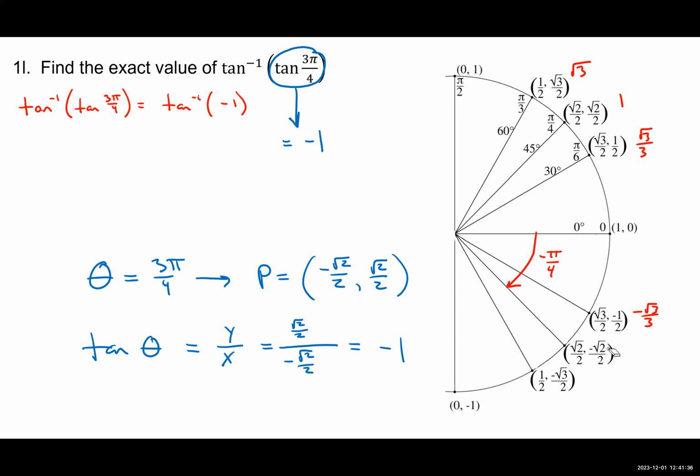But again, if you have a unit circle, write those 6 numbers down. So it's easier to locate the terminal points. So the tangent inverse of the tangent of 3 pi over 4 is going to be negative pi over 4.